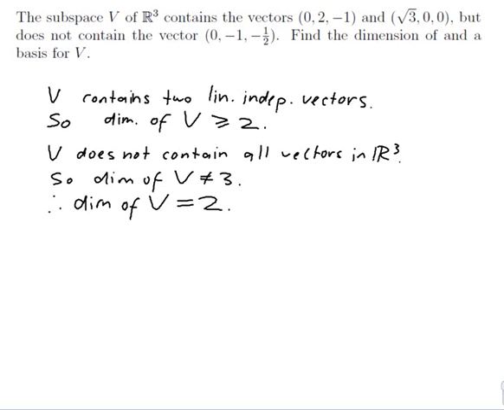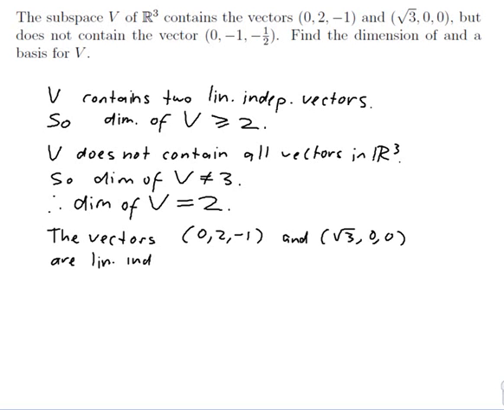Okay, so the vectors (0, 2, -1) and (√3, 0, 0) are linearly independent and span a two-dimensional subspace, just to be formal about it instead of saying plane.